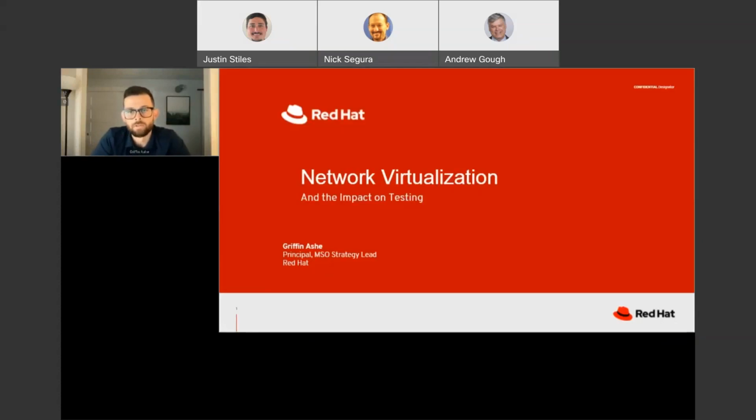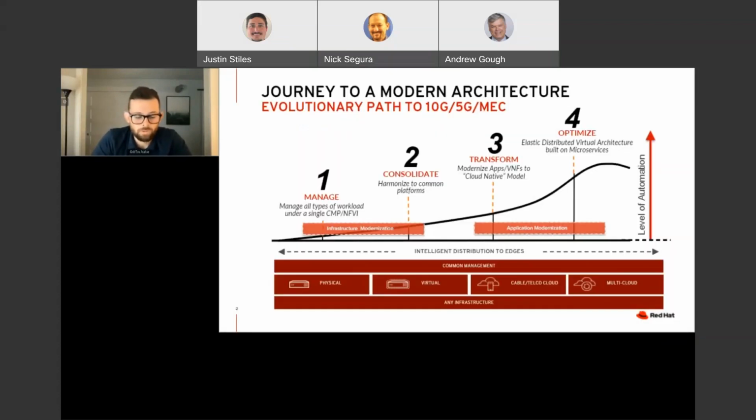So today I'm going to talk about network virtualization and the impact it can have on testing. Network virtualization means moving to more software-centric environments. For example, this can be thought of as the evolution from vertically integrated appliances to VMs to containers.